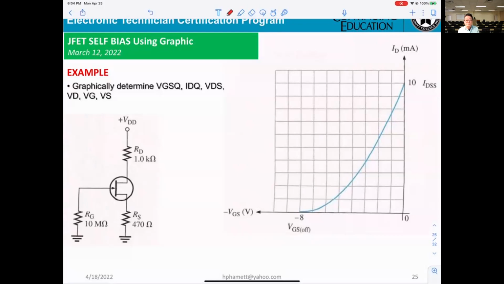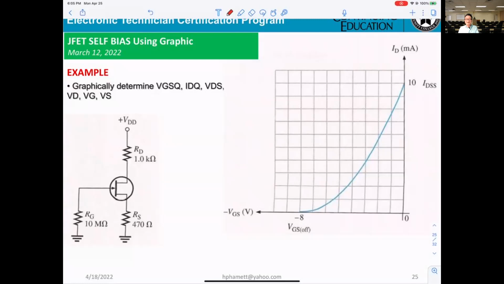This is the self bias. They give you the graphic and they want to know what VGSQ is. Q means the Q point. IDQ also means the Q point. And they also want you to calculate the VDS.